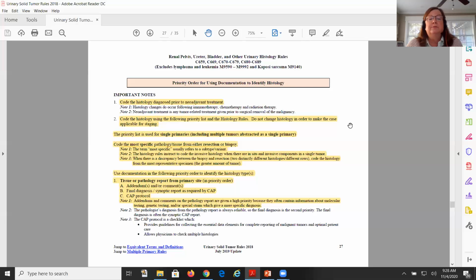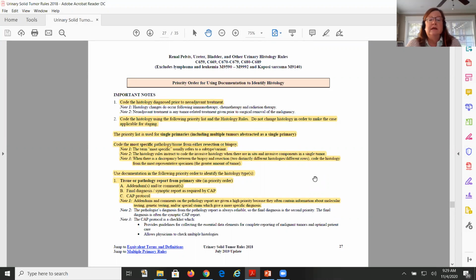You will code the most specific histology, whether it is from the biopsy or the resection. So our priority order begins here. Remember, you would stop at the first instruction that applies to your scenario.